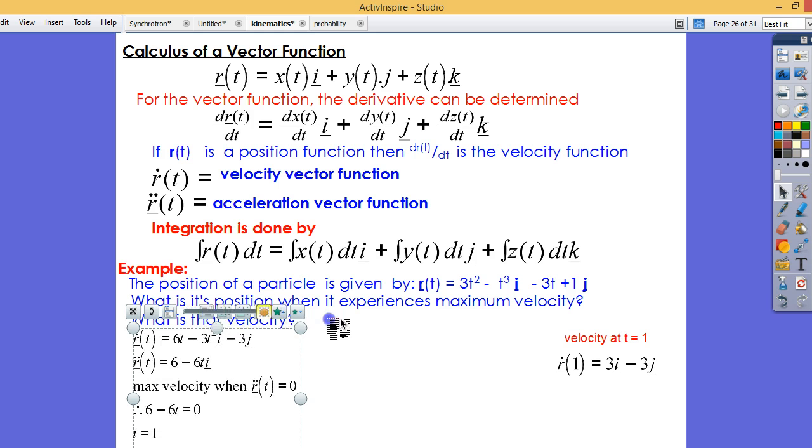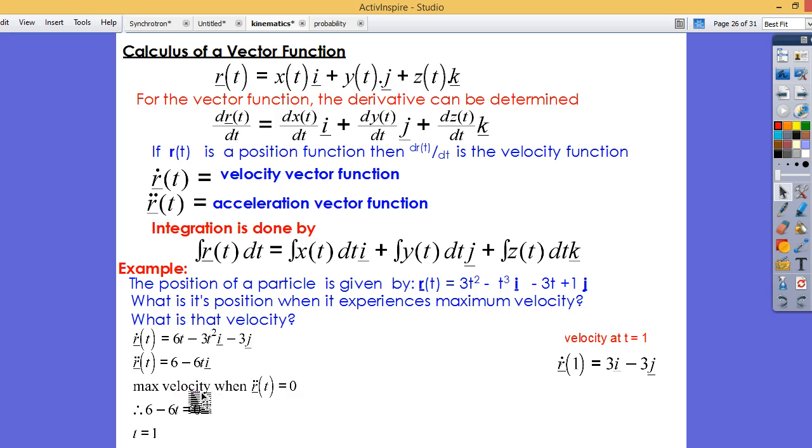We've got first, from our position vector we differentiate to get our velocity vector. Okay, it's just the first derivative of each expression, and then we differentiate again to get our acceleration vector. And as we differentiate -3, it goes to 0, so we no longer have a j component.